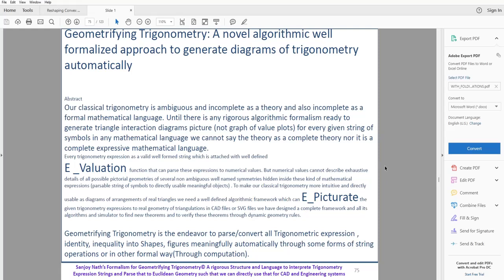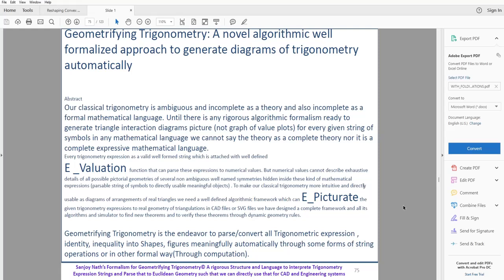Numerical values cannot describe the exhaustive details of all possible pictorial geometries of the several non-ambiguous, well-named symmetries hidden inside mathematical expressions, which are parsable strings of symbols, into directly usable meaningful objects. To make classical trigonometry expressions more intuitive and directly usable as diagrams, there is the scaffolding of line segments, a bunch of line segments in arrangements, with multiple possibilities of real triangles.